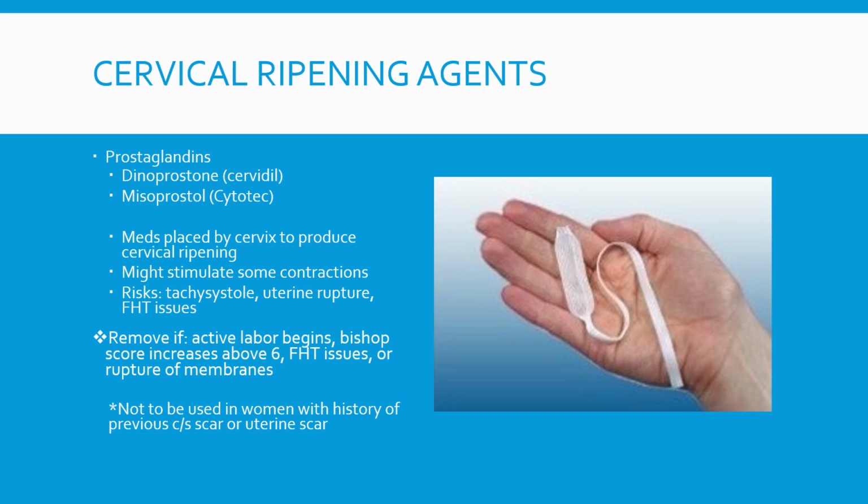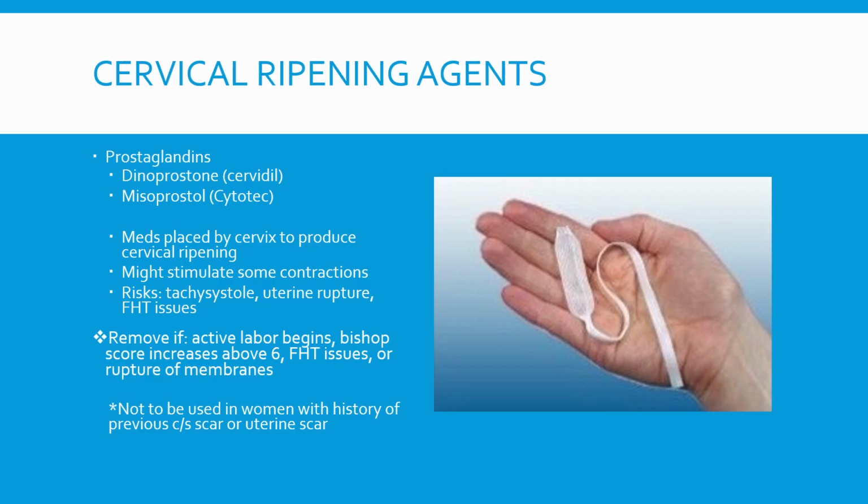The end rectangle part there, the thicker part, has the medication itself in it, and that's going to get placed right next to the cervix. The rest of it, the string, is just a way for you to be able to pull that out if we need to. The other medication is misoprostol, which is a pill. It can be taken a whole bunch of different ways.